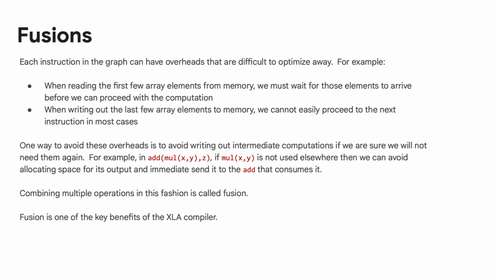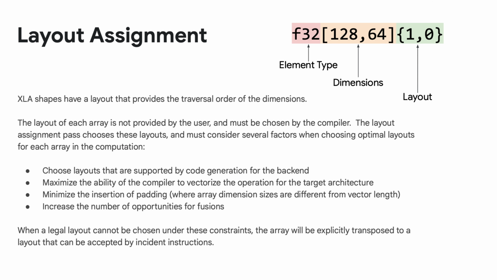Layout assignment. It's mostly important for TPU because of the hardware shape and shape of the registers, but it is also important on GPU and CPU. For example, if you do matrix multiplication or transpose, linear memory access is important on all hardware.